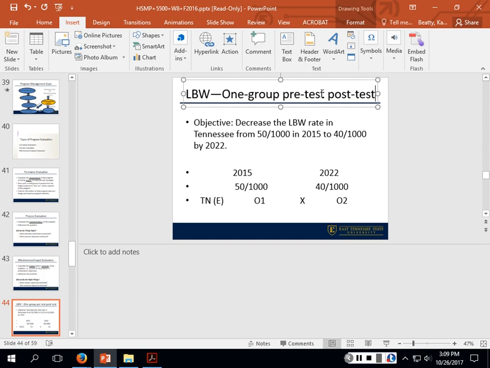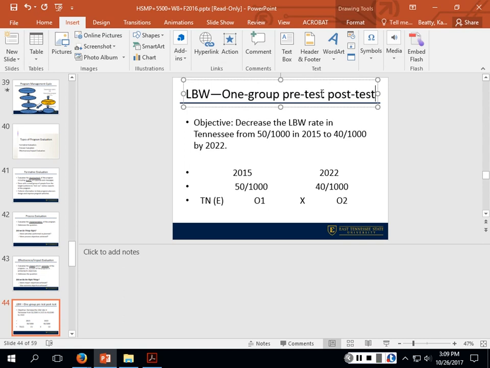So again, what we can say here, we can say, yes, the low birth weight rate decreased in Tennessee from 50 per 1,000 to 40 per 1,000, but we really cannot attribute this decline to our X. Because it's possible that there are other X's. Maybe there's a national program that occurred across all states that affected low birth weight rates.